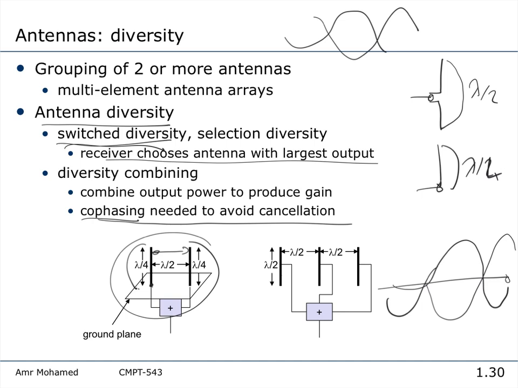There are, by the way, different ways of combining the signals that are coming from the different antennas, not just based on the phase, but based on the amplitude and some other factors. We're not going to get to the details of this, but there is something called maximum ratio combining. There is co-phasing. There are so many techniques for how you can combine the signals together.